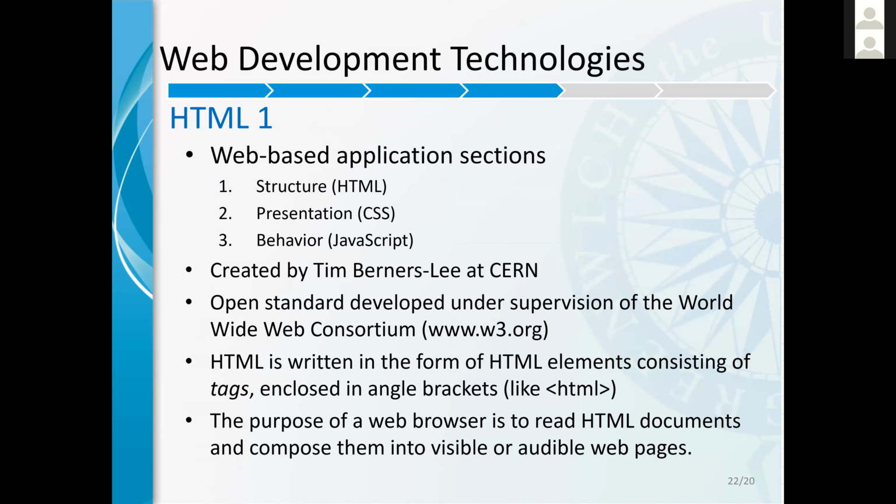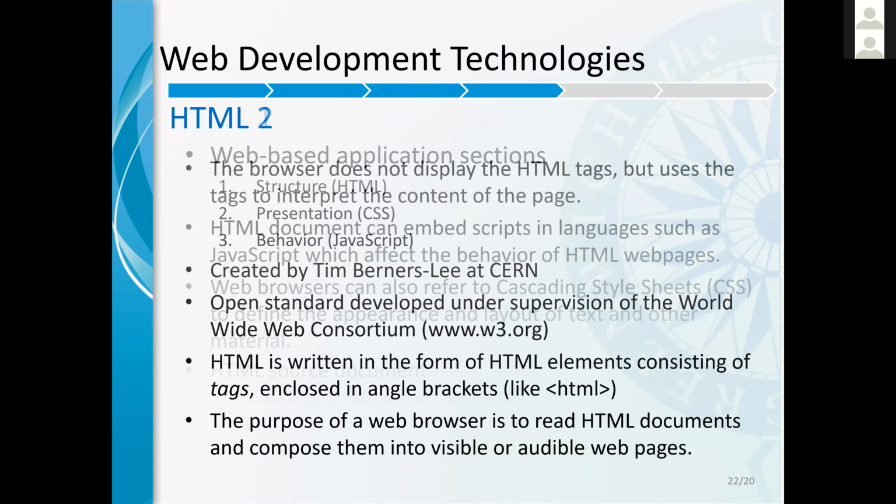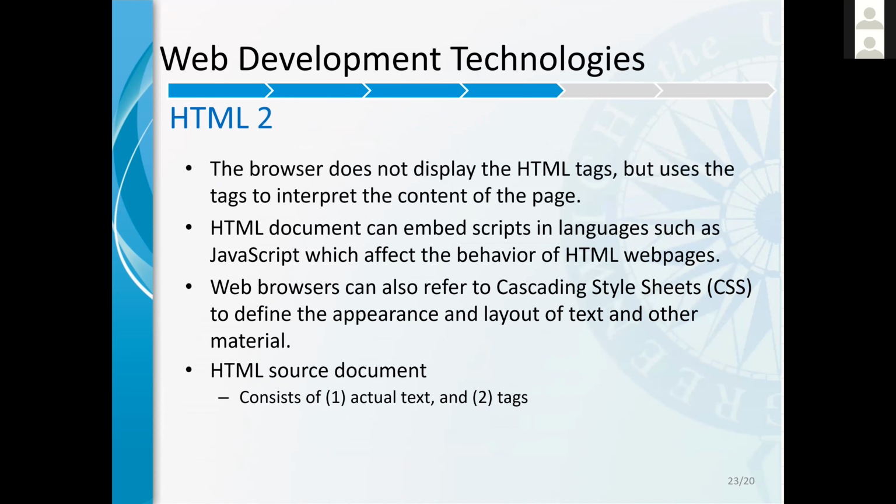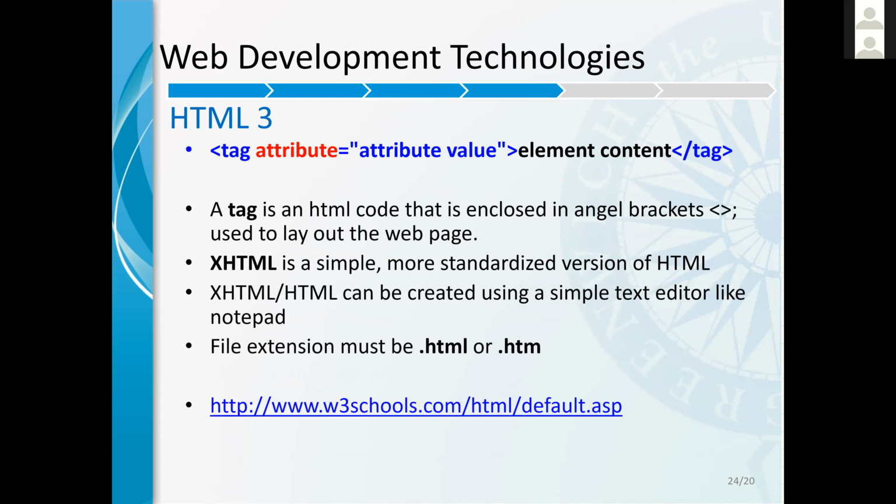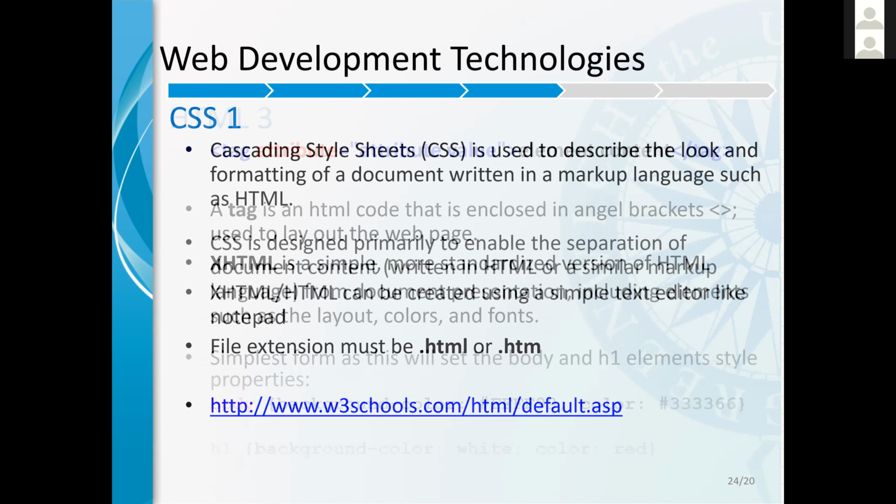I think this is obvious stuff: what HTML does, how you create it, the way you have an attribute and a value, and what a tag is. The extension for HTML, I believe, was also discussed.